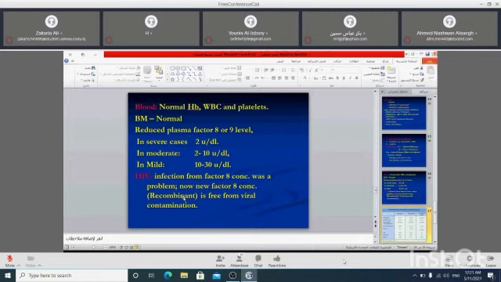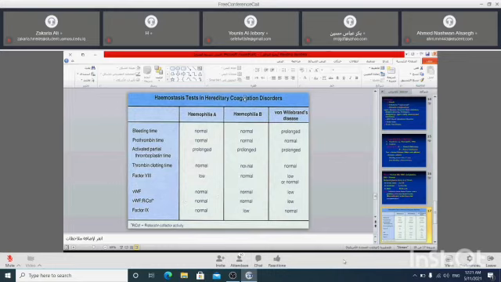عندنا هذا الجدول هو اختصار للـ bleeding disorder بالهيريديتري coagulation disorder. احنا عندنا الهيريديتري قلنا هيموفيليا A, B and von Willebrand disease. نجي على bleeding time. The bleeding time prolonged only in von Willebrand disease. Why?